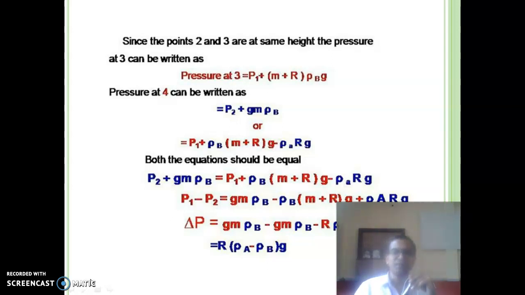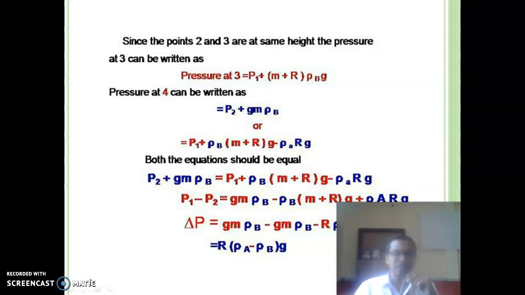So the pressure difference, P1 minus P2, pressure at point 1 minus pressure at point 2, is equal to Gm rho B minus rho B in bracket M plus Rg plus rho A Rg.